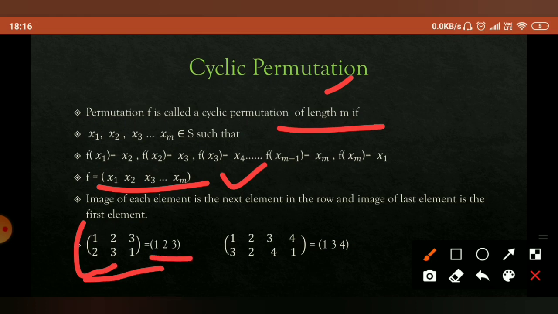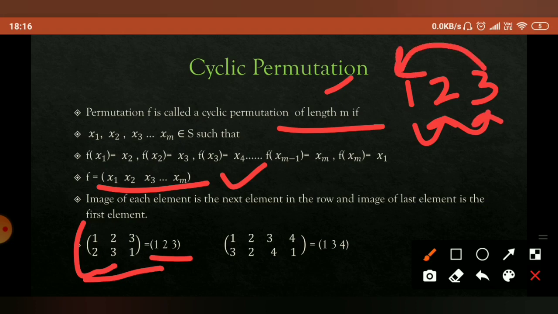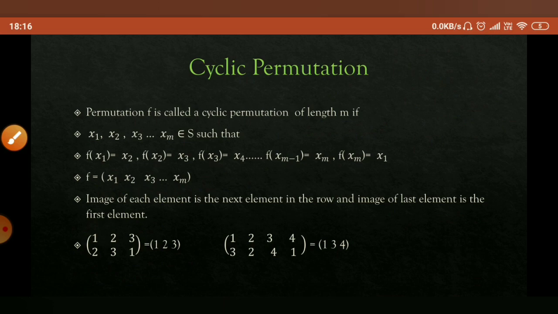The image of each element is the next element. Image of 1 is 2, image of 2 is 3, and image of 3 is 1. The image of the last element is the first element, so that it completes the cycle, and it is known as a cyclic permutation or simply a cycle.